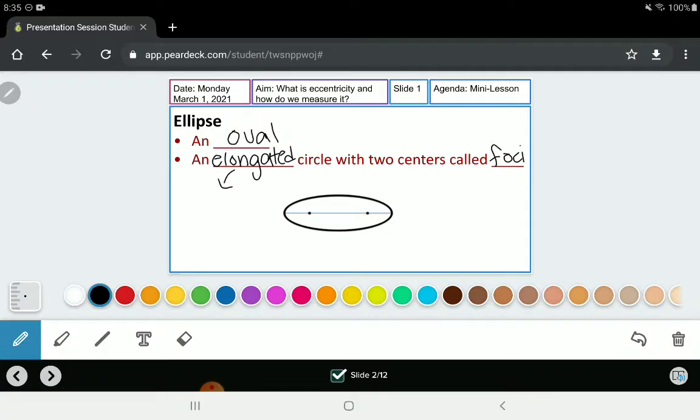Another word for elongated can be stretched, if you know that word better. So on the shape, we have an elongated circle, and then we have two centers, one there, and those are called foci.